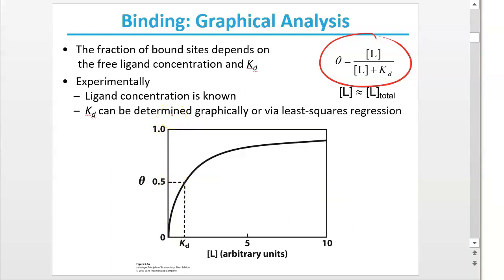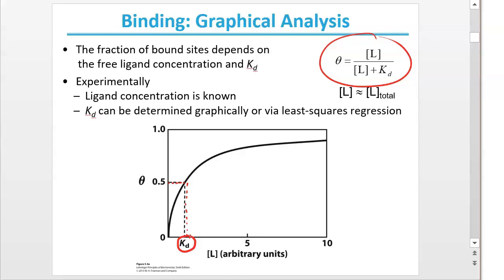And in this representation, when you look at where exactly half of the sites are bound, and you find out what the concentration of ligand is at that point, that is the dissociation constant. So the dissociation constant gives you an idea of how tightly the ligand is bound, or how favorable that binding is.